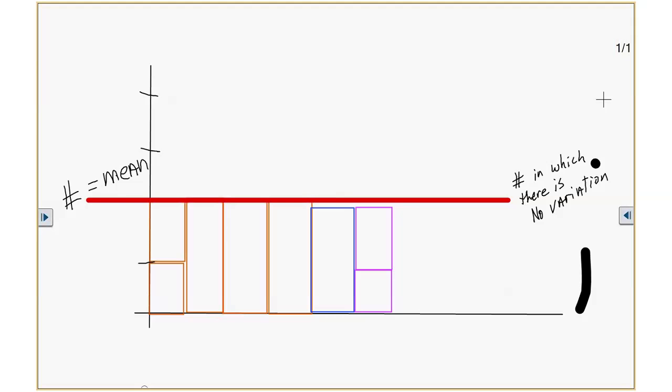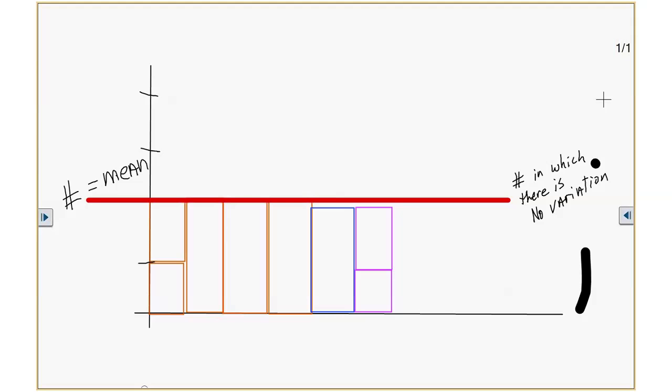Now, the mean is the number that represents no variation in your data. Now, why would you want to know what number has no variation? Because then you can compare the individual numbers to that number. No variation, no correlation. Correlation means that something is taking effect on your data, right?